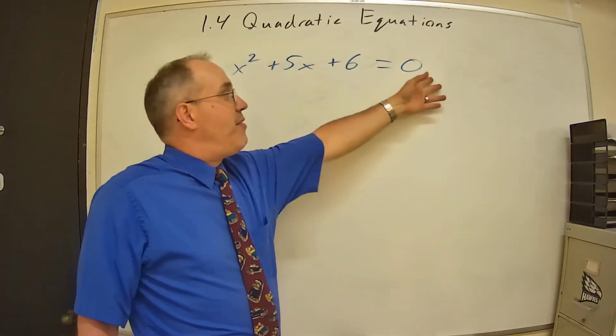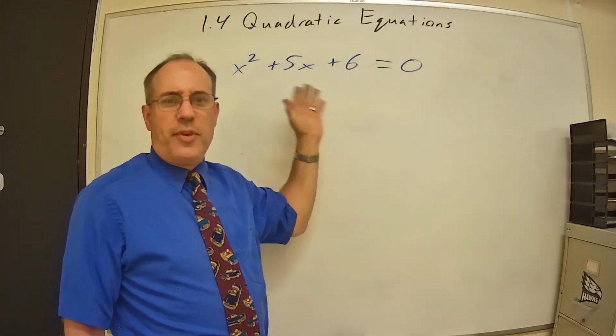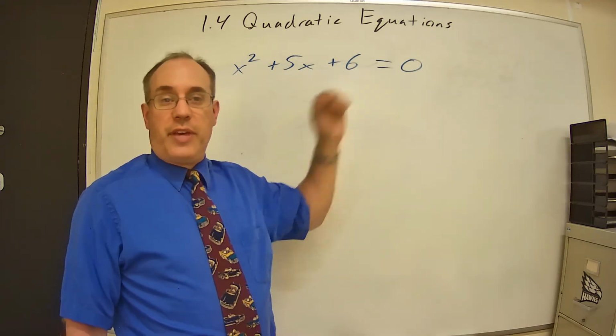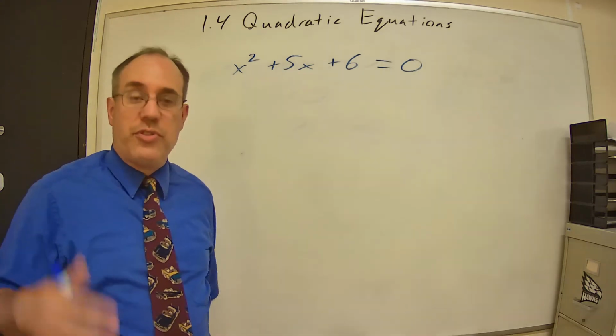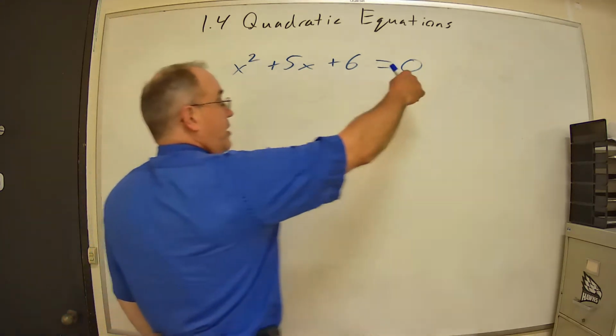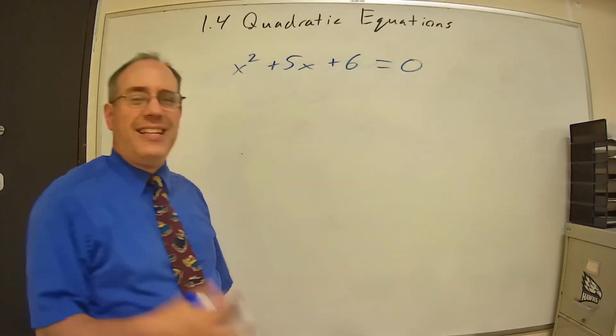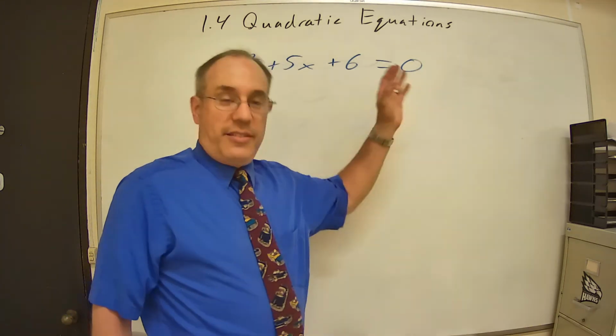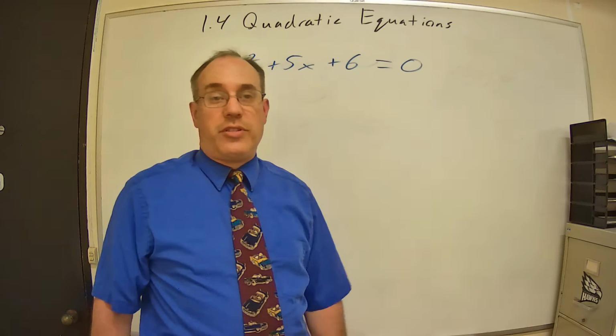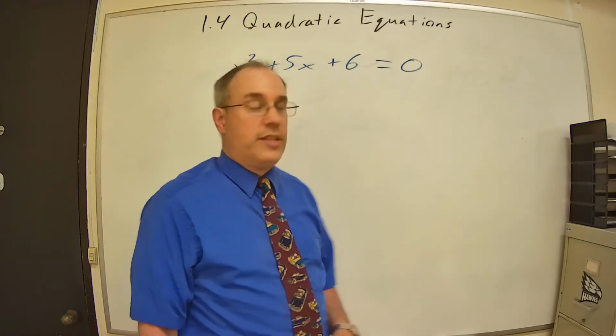You'd have to have that 6 moved over here, and then in that case make it minus 6. But you can't do that. So whenever we're factoring quadratic equations, to use the zero product rule, we need to have 0 on the other side. And actually, anytime we're solving a quadratic equation, we're going to start with that 0 on the other side just to put everything where we need it to be.